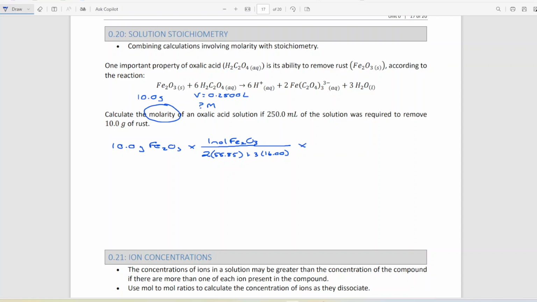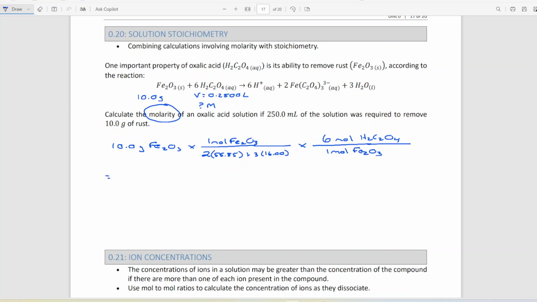And now what I would want to do is convert that to moles of oxalic acid. So then we know that 1 mole, always check that your equation is balanced, but they did balance it for us, so 1 mole of the iron(III) oxide needs 6 moles of the oxalic acid. And then we're going to plug that into our calculator.